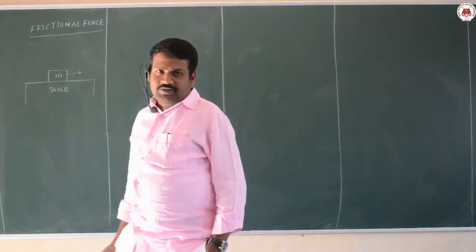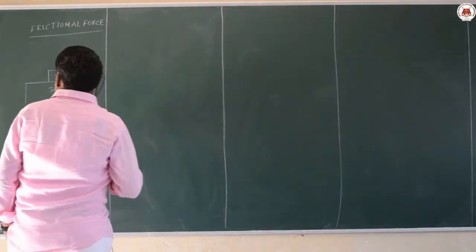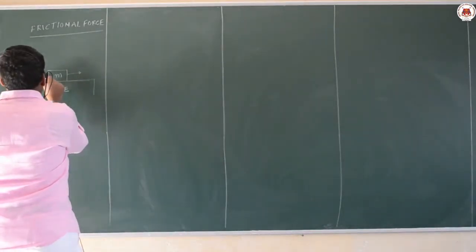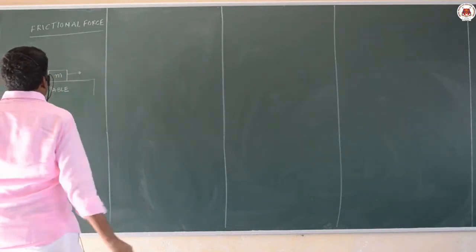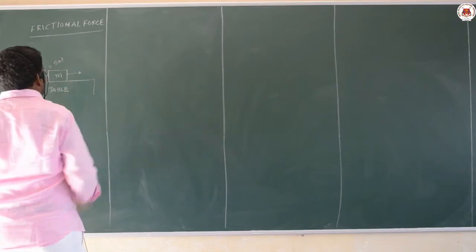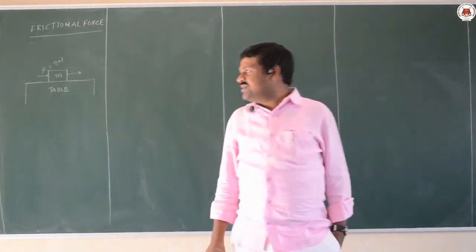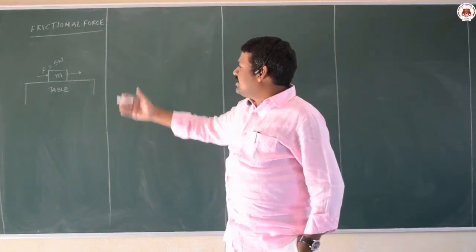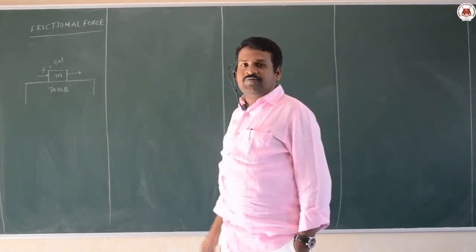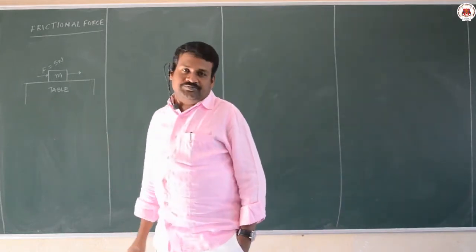Now you see, this body of mass m is resting. I applied some force. Assume that I applied 5 Newton. The body is not moving. Still it is at rest only. Why? Because it is in contact, it is locked with the body which is present down. So because of that it is not moving.